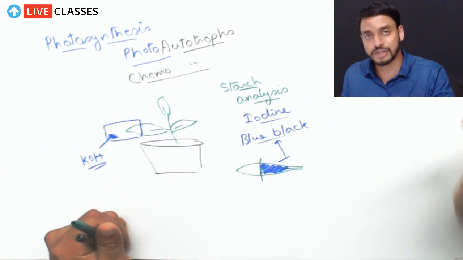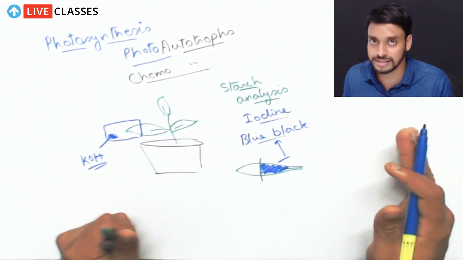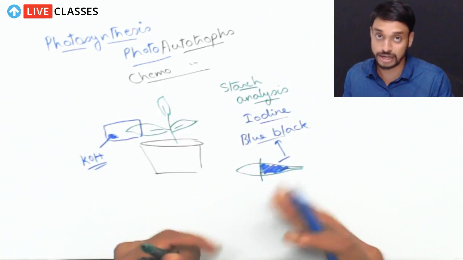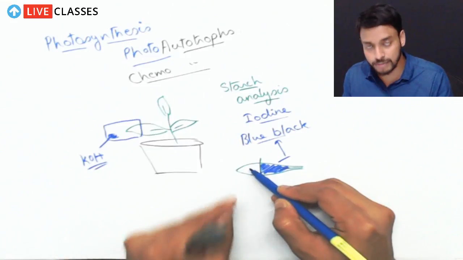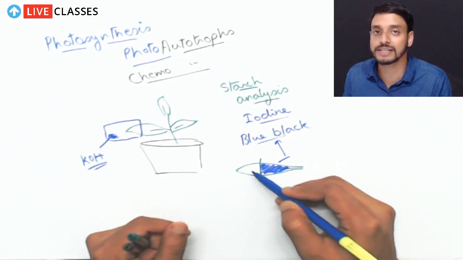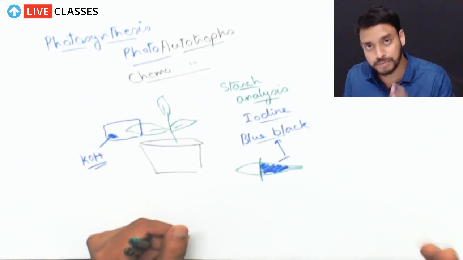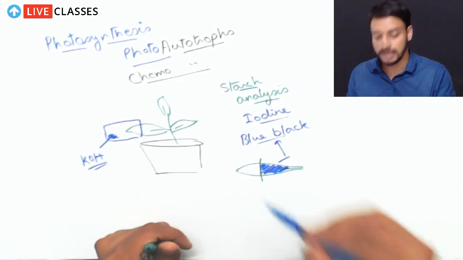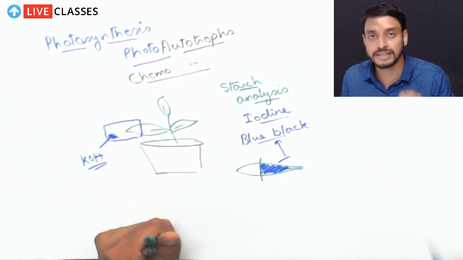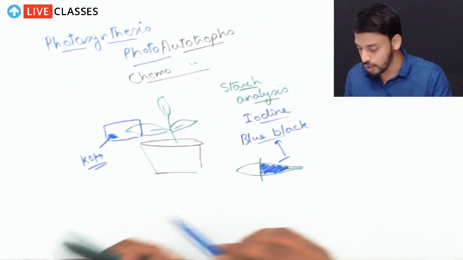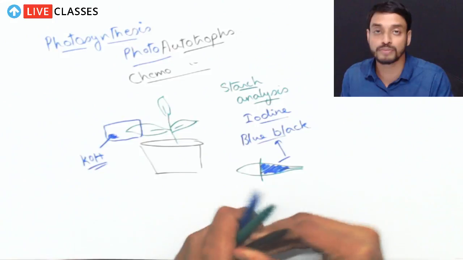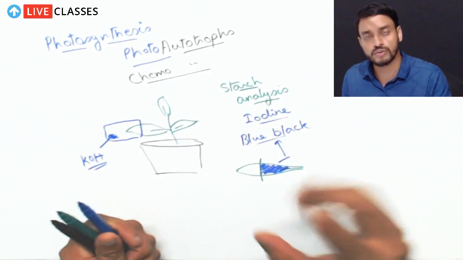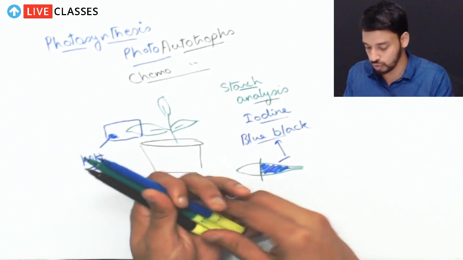Hence, starch, which is a product of photosynthesis, cannot be synthesized. Correct? So here, will we get blue-black color? No. Why? Because there is no starch. Due to the absence of starch, we do not get a positive test for iodine. So this was the way by which scientists tried to prove that carbon dioxide was necessary for the process of photosynthesis.